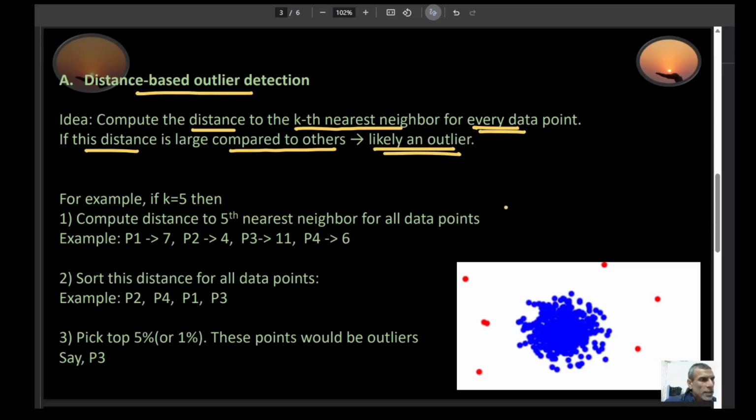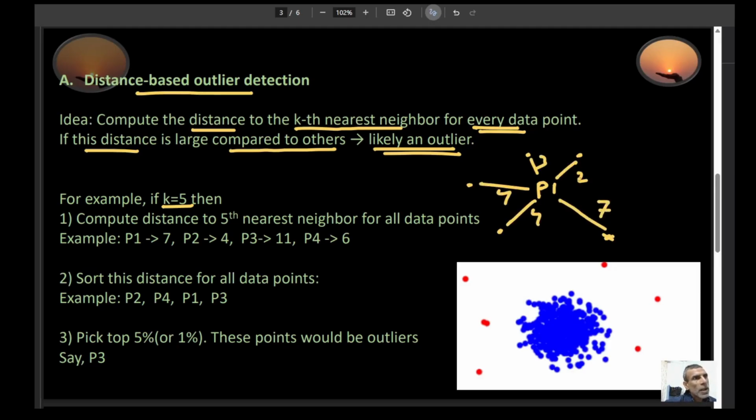So let's understand this through an example. Suppose you have a data point P1 and you are choosing k equal to 5. So let's say you have 5 neighbors for P1. You have one point over here, another data point over here, another over here, another over here, and another one over here. These are your data points. And let's say this distance is 2, this distance is 3, this distance is 4, this distance is 4, and this distance right here is 7.